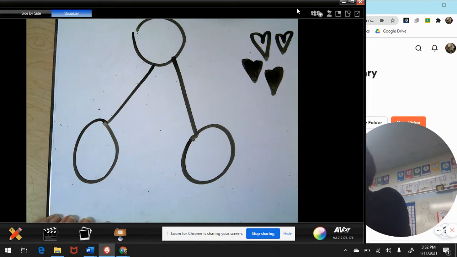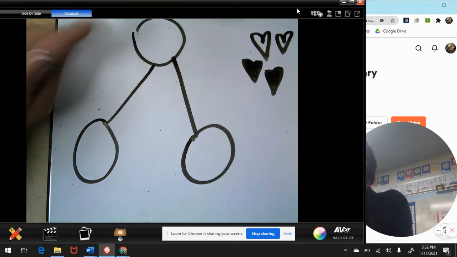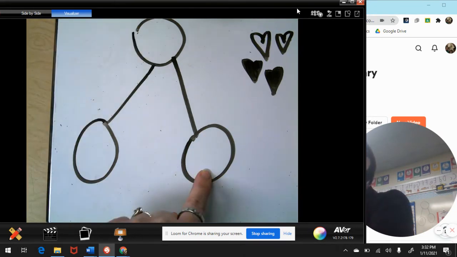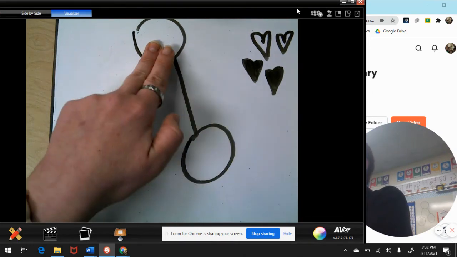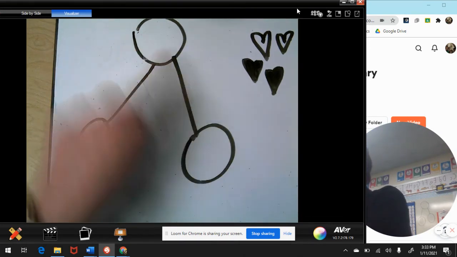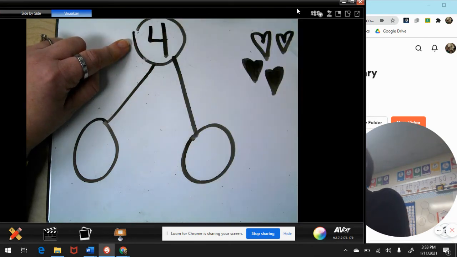Okay, so 4 is my total. Where should I put the total? Remember that the whole is another way to say total, and that both lines point to the whole. So do both of my lines point to the whole? Yes. So I have 4 total.